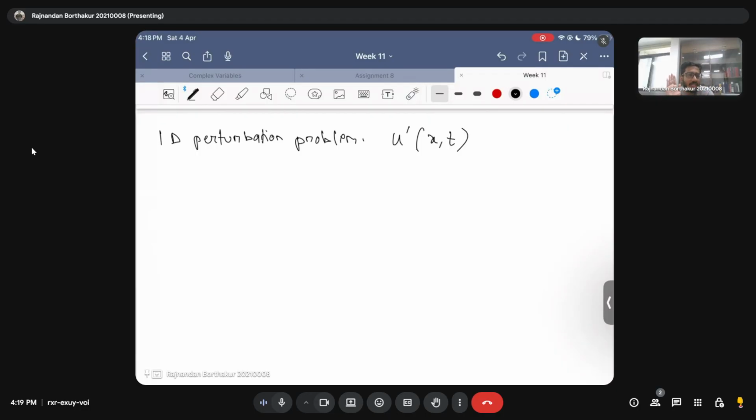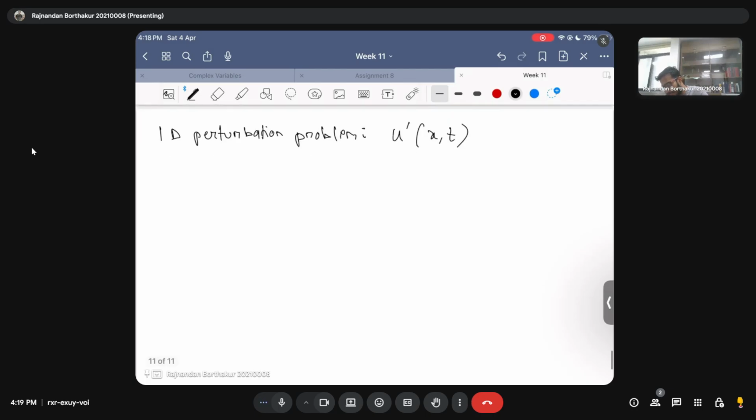For the sake of simplicity, I am just considering this 1D problem and neglecting the effects of y and z, because if this is clear, extrapolating it to the y and z directions is very trivial.